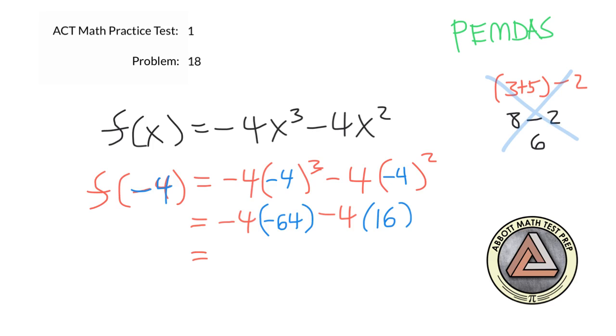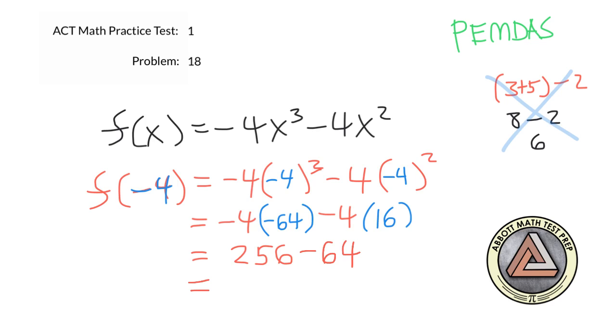Now we're going to worry about what's going on the next line. First of all, we have a negative times a negative, so we know it's going to be a positive. Then the question is, what's 4 times 64? That's 256, so it's going to be a positive 256. And looking here, we have negative 4 times 16, which really is negative 64.